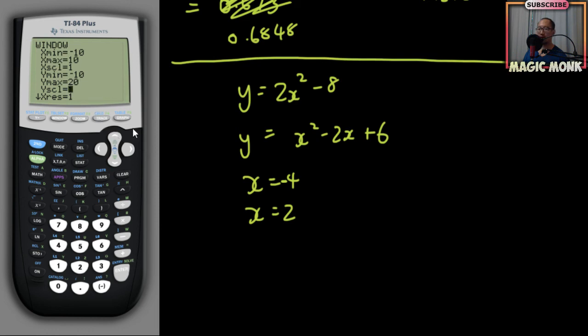Actually we might. Let's just graph it again. Okay, so that's a bit better. So we want to go to x is negative 4. Where is x is negative 4?